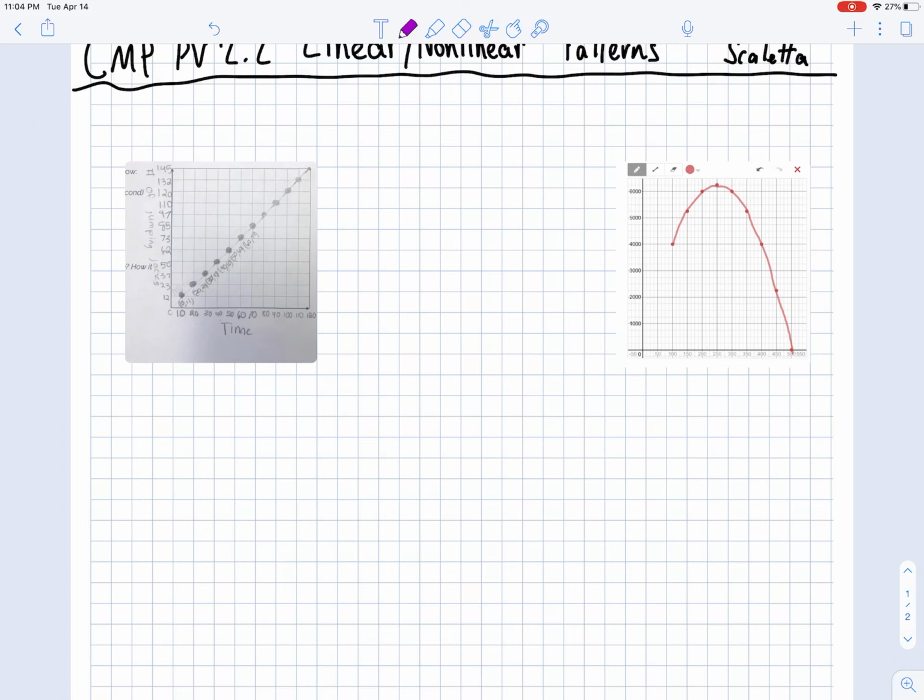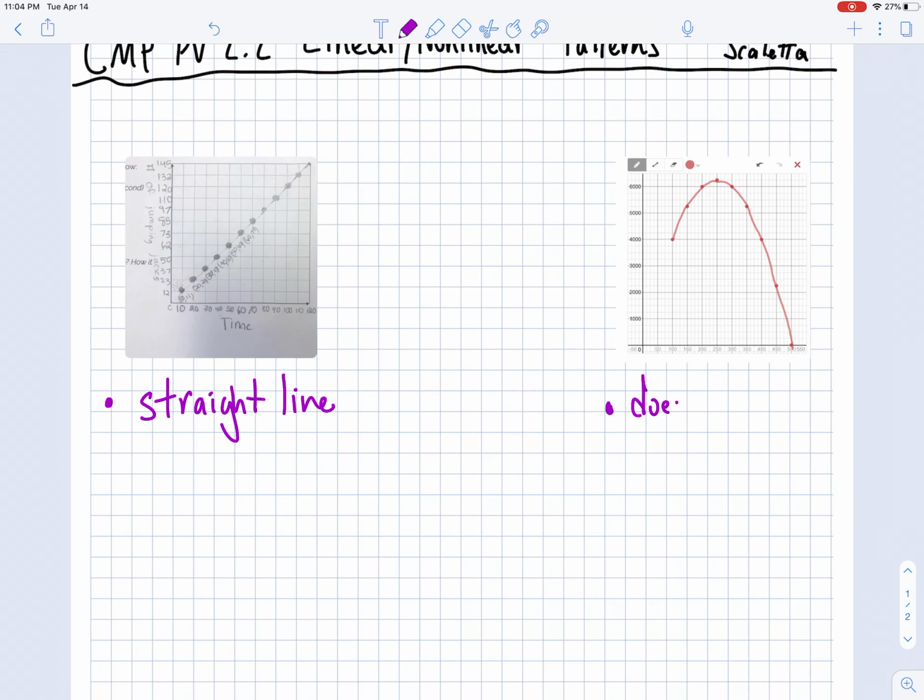So you might make some noticings about these two graphs, right? That boil down to things like this one makes a straight line, and this one doesn't make a straight line.